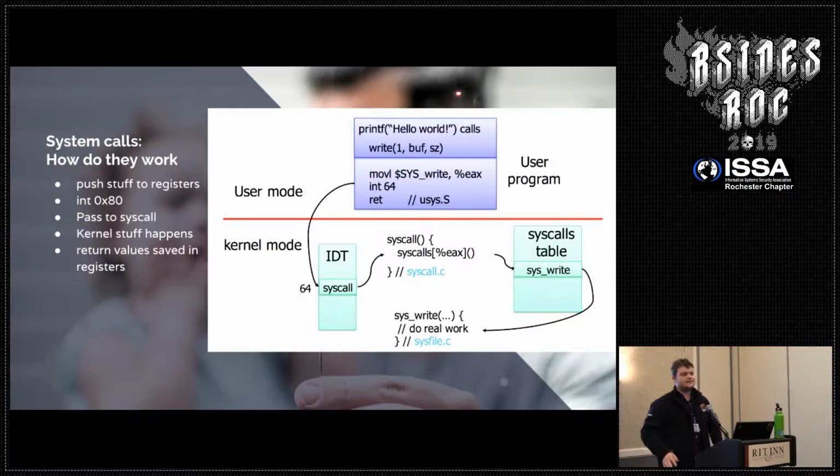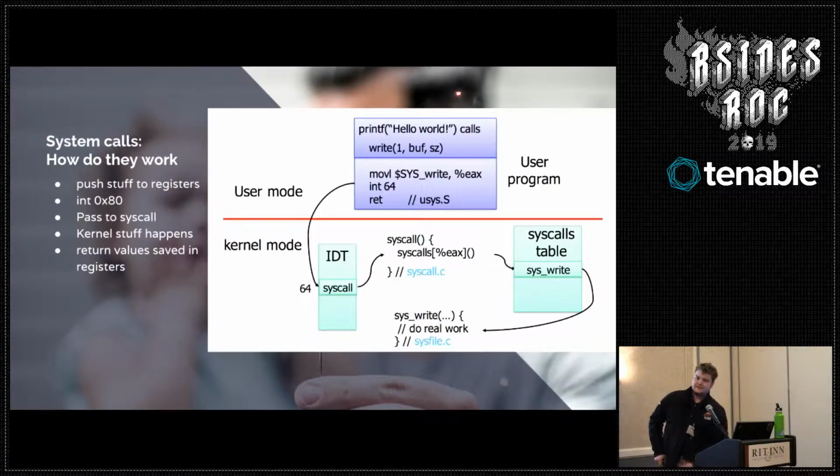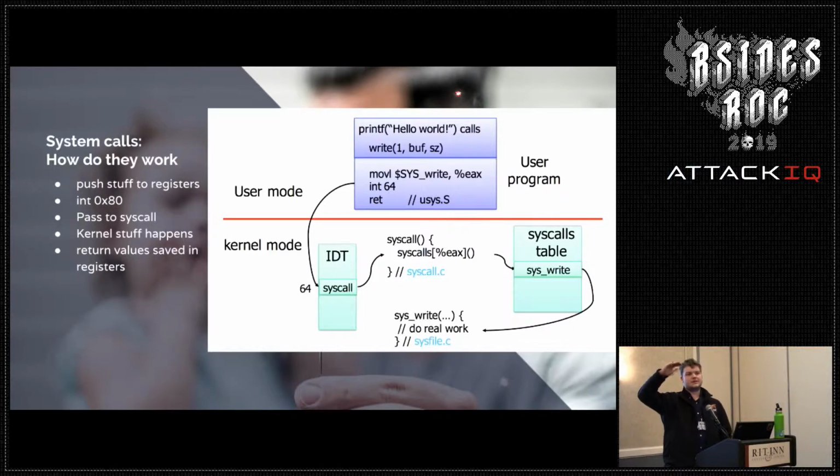So first off, how many of you know how Linux system calls work? Like a rough understanding. Okay, so what happens when you're writing a printf function is you call the printf library call, and printf is going to make a system call to write to standard out. It starts an interrupt and specifies some values in the registers.